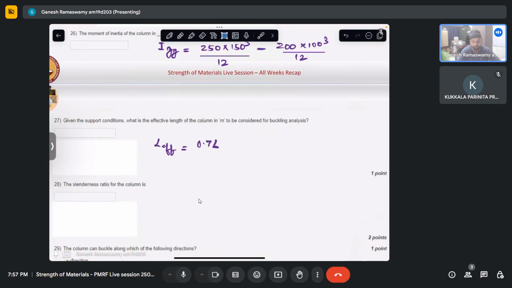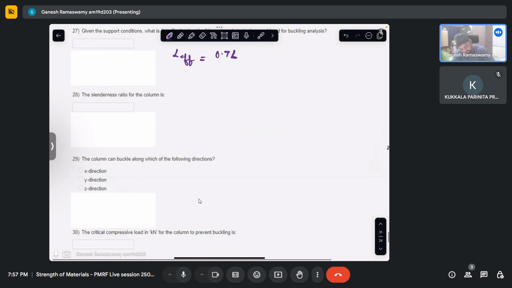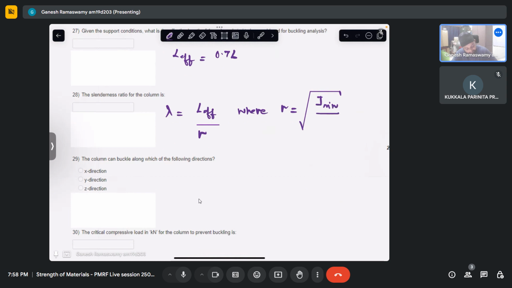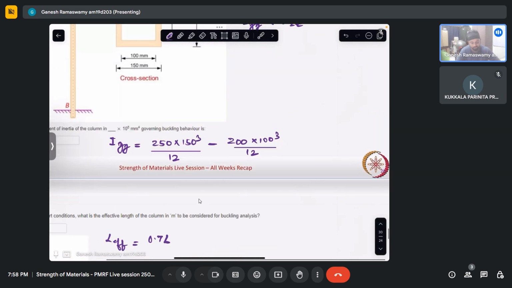So the slenderness ratio is given by L effective by r, where r is the radius of gyration given by the square root of I minimum by area. We found I minimum is Iyy.